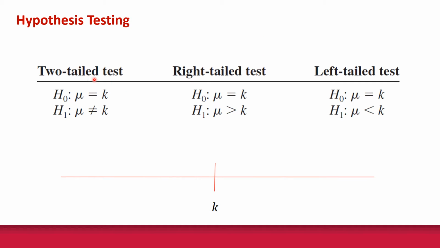A two-tailed test says the hypothesis is that the mean is equal to k, and the alternative, not equal to k, means that the mean could fall on this side or could fall on that side. A right tail test would simply fall on the right side, mu greater than k. The left tail test would say that mu would be less than k.